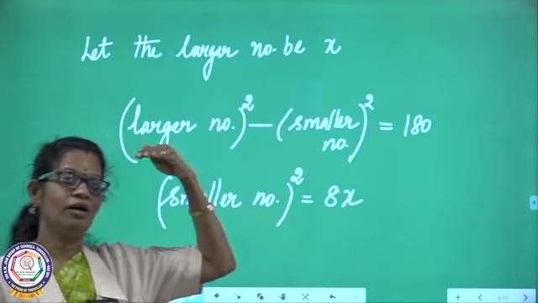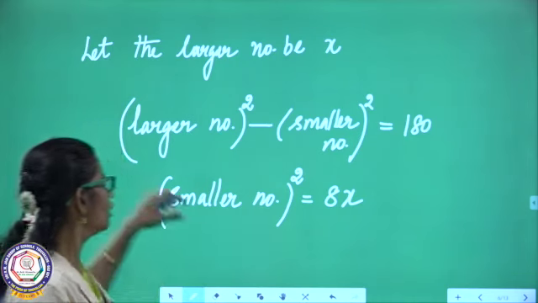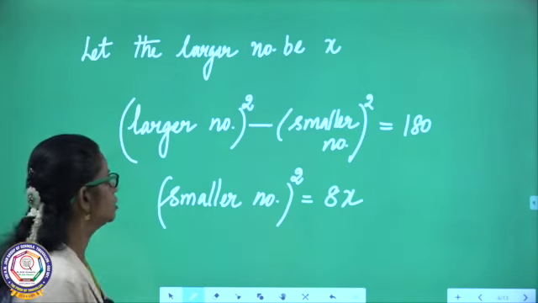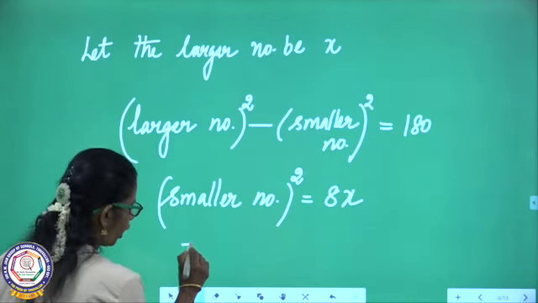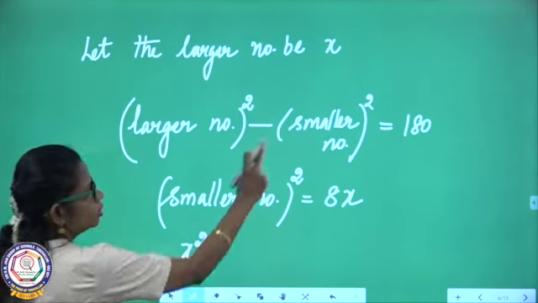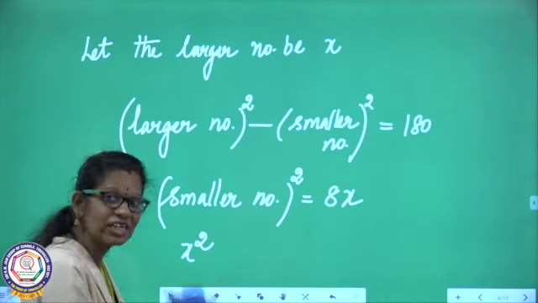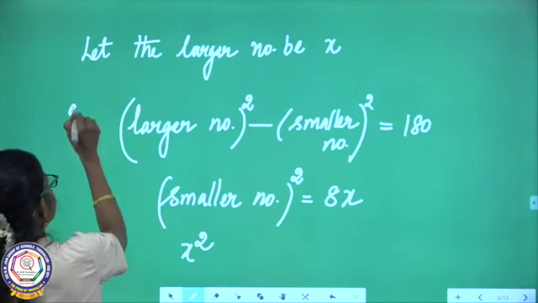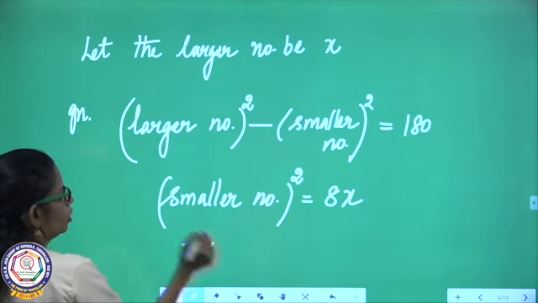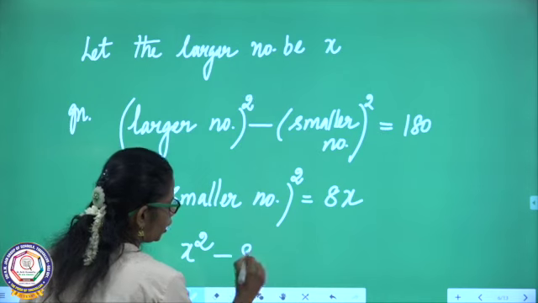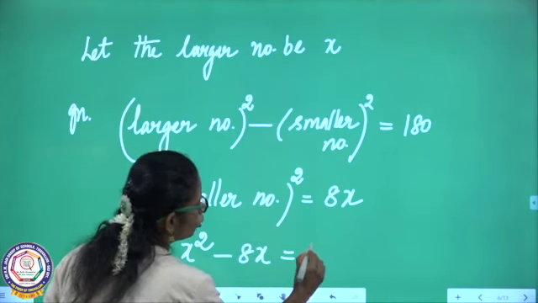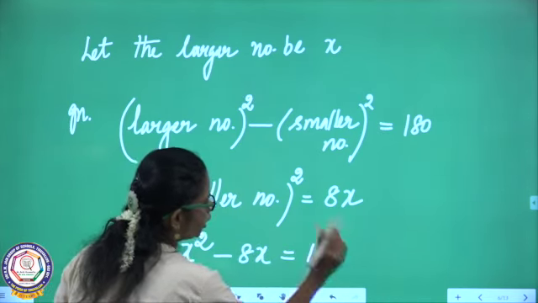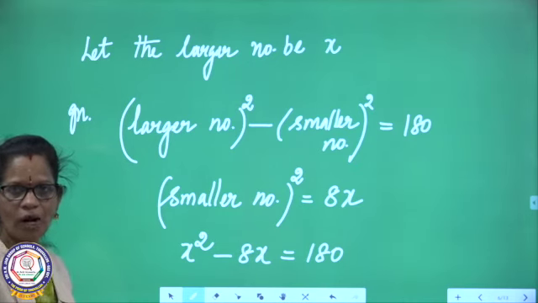See the beauty of the sum, right? The larger number I consider as x. So, x square minus 8x, since the smaller number square is given as 8 times the larger number, equal to 180.